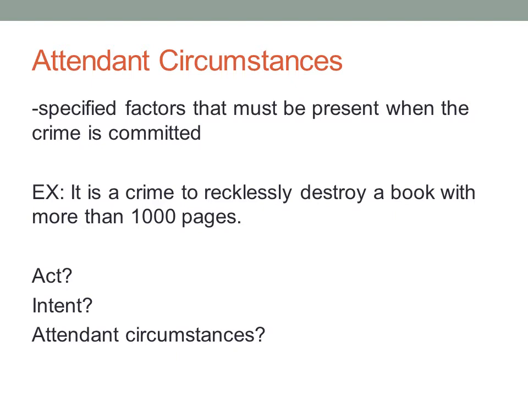Here's an example. It is a crime to recklessly destroy a book with more than 1,000 pages. So our act, what's our act? Destroying a book. What's the intent or the state of mind? Recklessly. Are there any attendant circumstances here? Yes, 1,000 pages. The book has to have 1,000 pages.